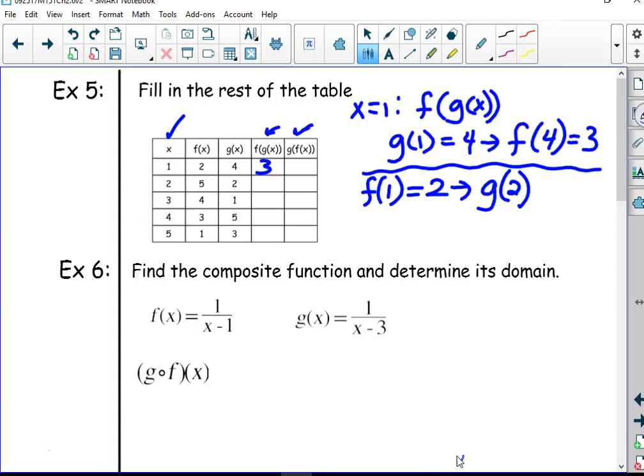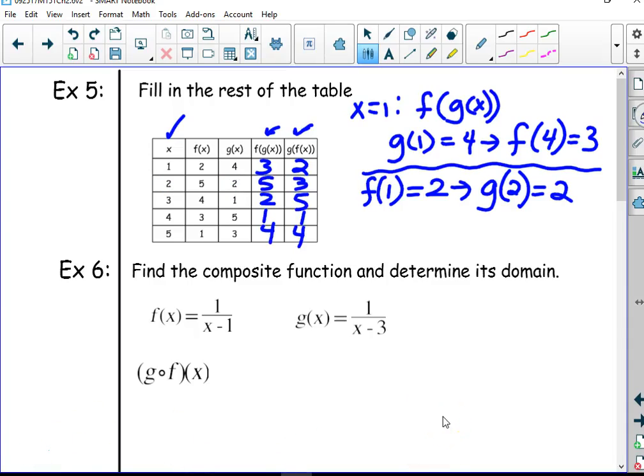So g of 2 is going to be 2. Okay, so what I'd like you to do is go ahead and attempt the rest of the table. Pause your video, do the rest of the table, and I will do the same, and then come back and check your answers. So pause.